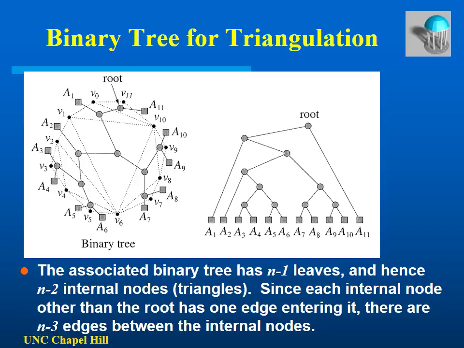Let us call the vertex between these two sides v sub n minus 1. And it, as a polygon, has polygon edges comparing v n minus 2 to it and v0 to it.